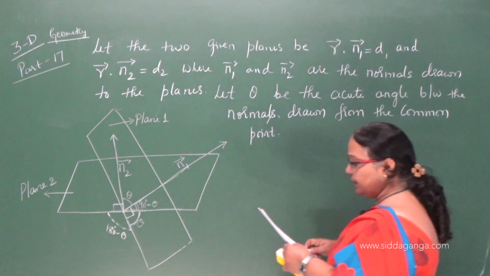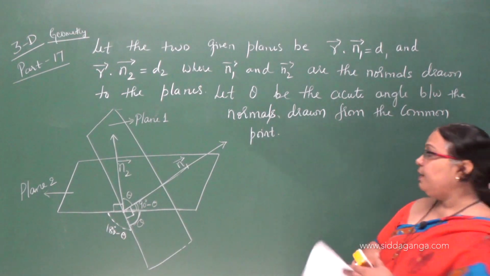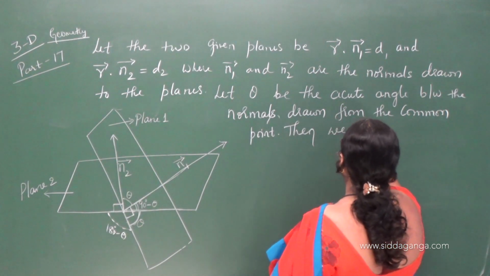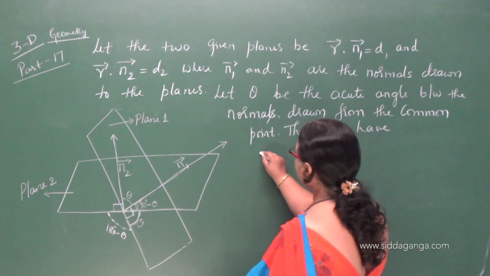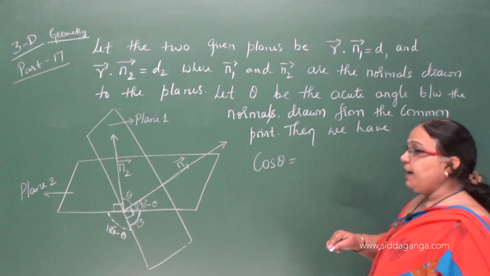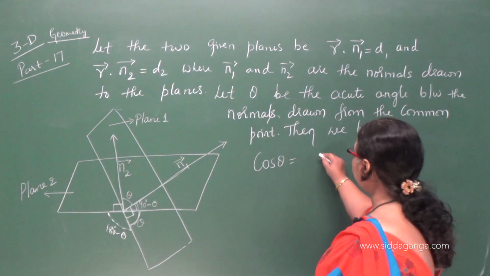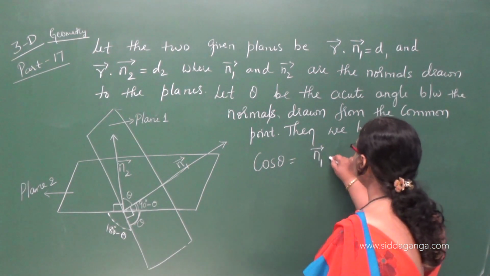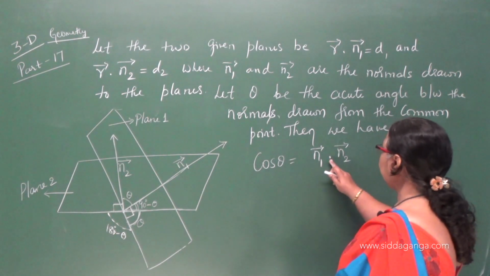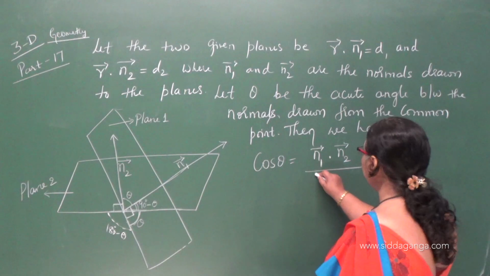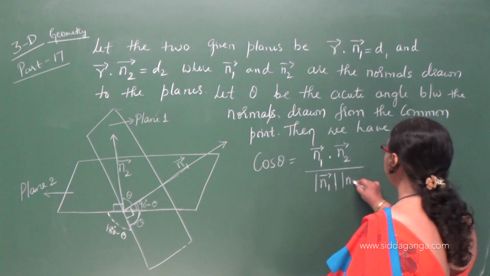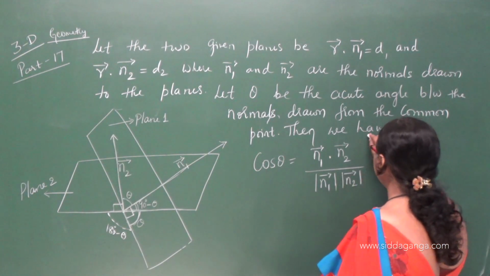So as usual, the same formula is used. Then we have cos theta equal to the dot product of the vectors between which we need the angle, that is n1 dot n2, divided by magnitude of n1 vector into magnitude of the second vector.